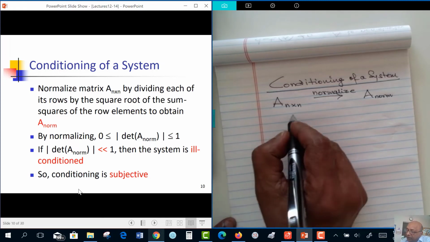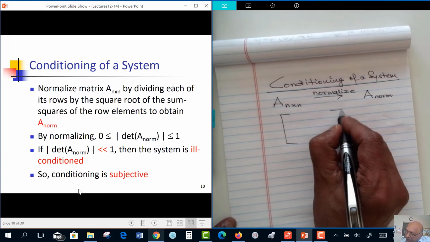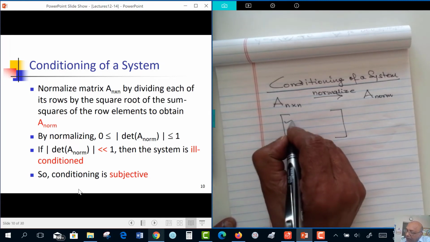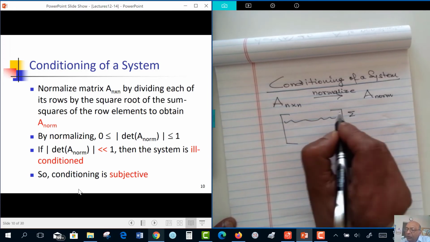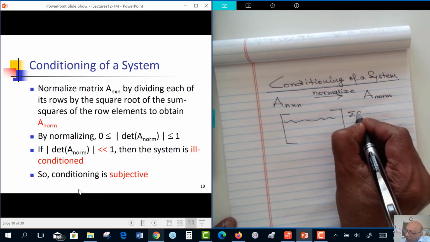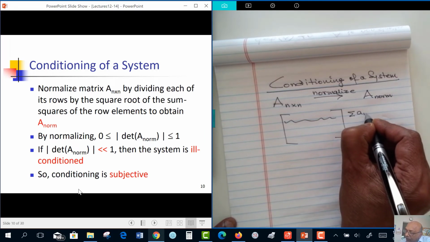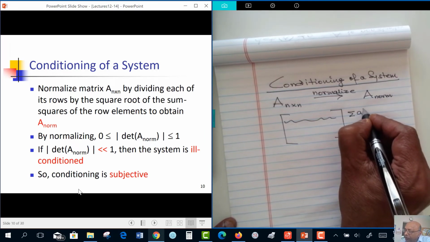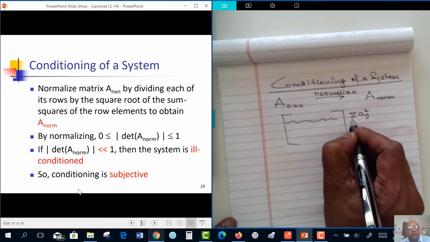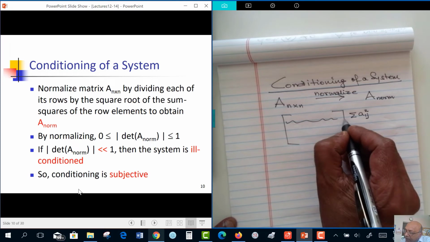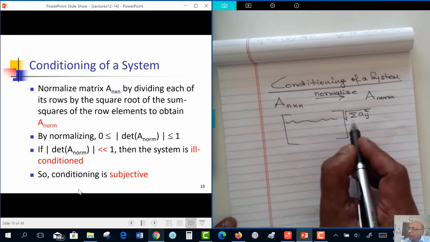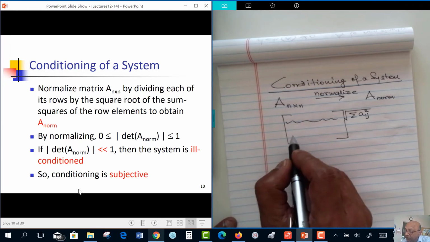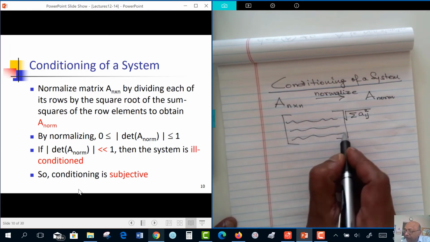How do we normalize it? Suppose we have a matrix. It has a row. We take all the elements on this row, square them, sum them, and then take the square root of it and divide the entire row by that normalizing factor. Same thing we do for the next row, same thing for the next row.